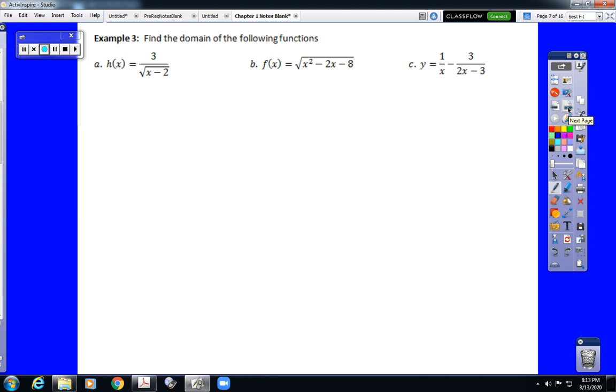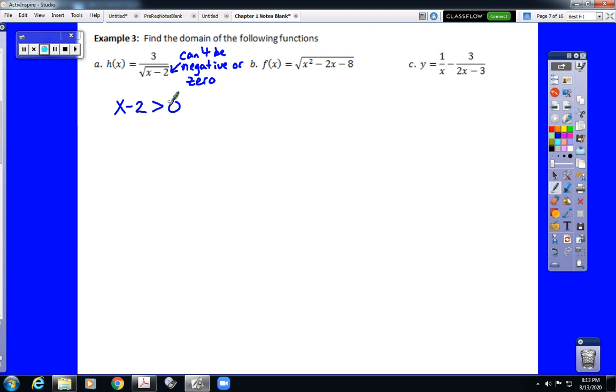Okay, so we're going to keep going. Here's some more examples. Here we go. So here, a little bit of a twist. Since this is in the denominator, it can't be negative. It also cannot be 0. Because if it's 0, then we have division by 0. So what we have to do is take x minus 2, and that has to be greater than 0.